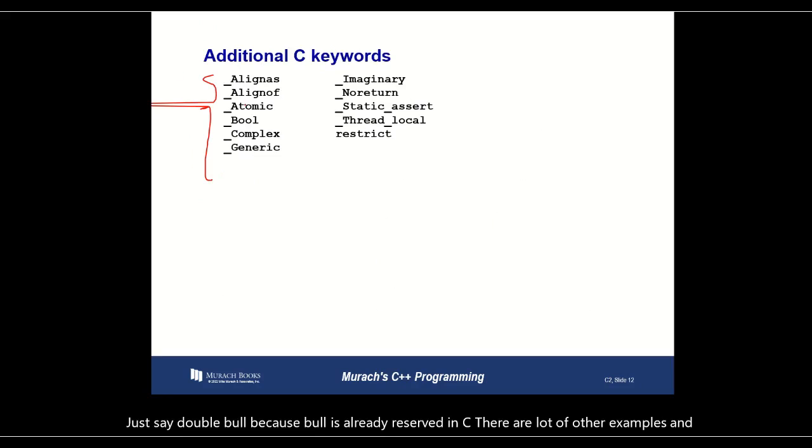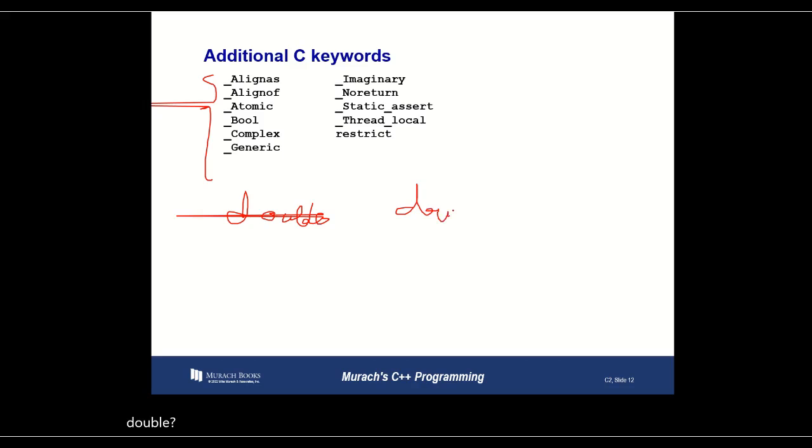So you cannot use these texts as your valid identifiers. Okay? So if you want to use double, can you do it like this? Double, that's the data type, and then you write double. So what is going to happen? The program will throw an error because this one is not a valid identifier. Okay?